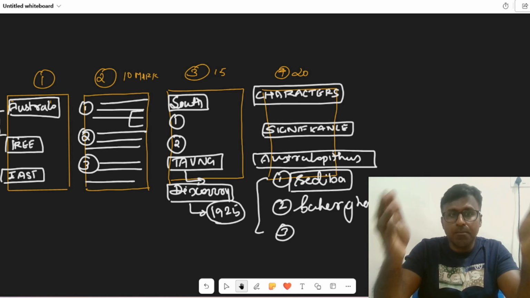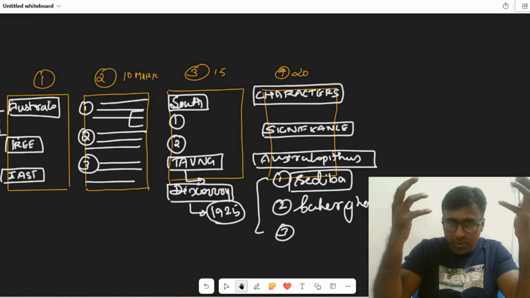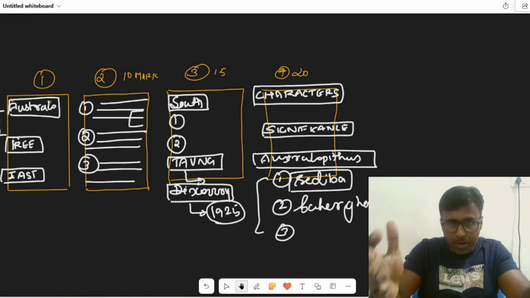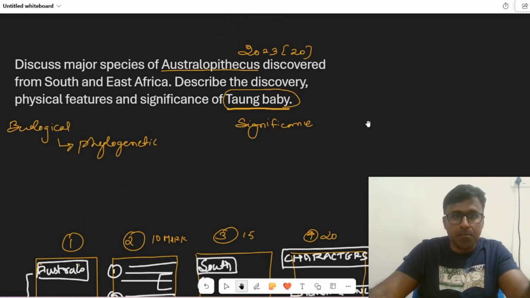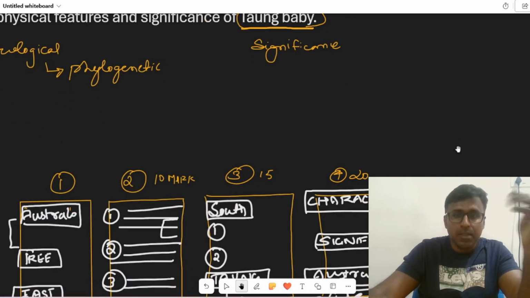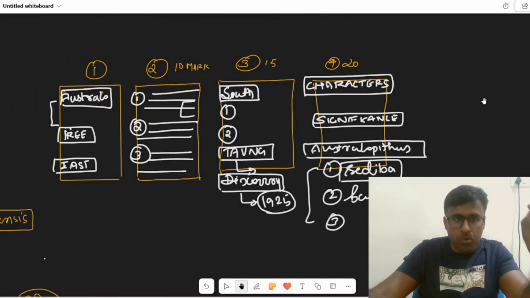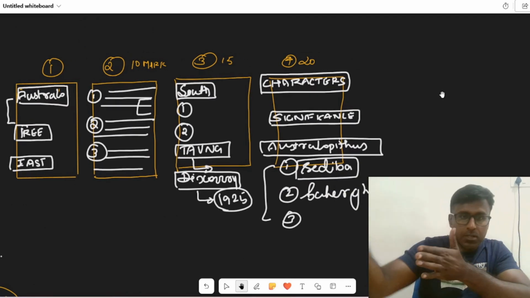If we provide only the points which are there in the notes, how are they going to give us marks? This is Ember and Ember, my friends. I have not taken it from any other place. It's directly there, a chapter in Ember and Ember. This is the approach we should take to score high. On the other chapters, other questions we will discuss.